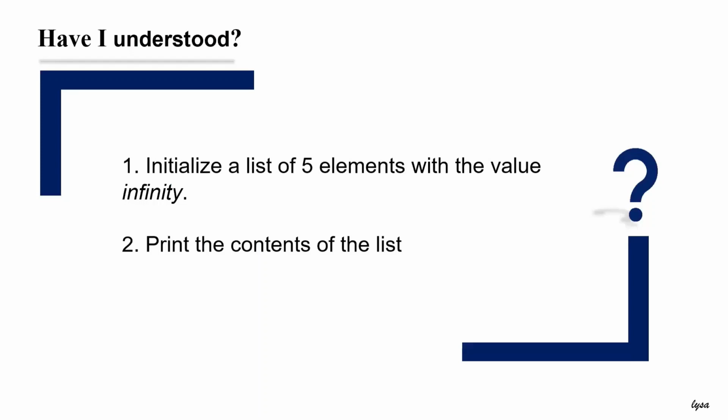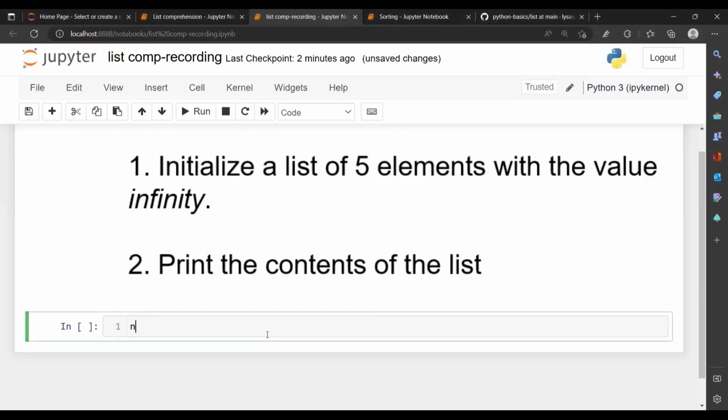Shall we check if we have understood the problem? By initializing a list of 5 elements with the value infinity, and then let's print the contents of the list. So let me have the new list as new list is equal to, I need to put the list symbol. I have to take 5 items.